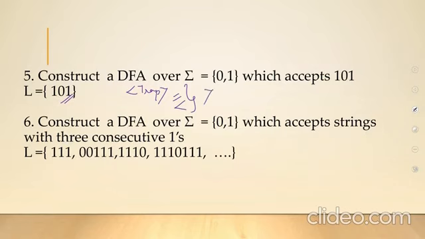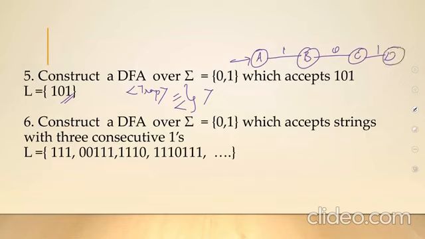It's very simple. 101. You start at A. You encounter a 1, you encounter a 0, and then you encounter a 1. D is your final state.